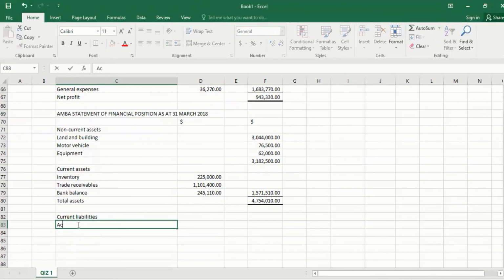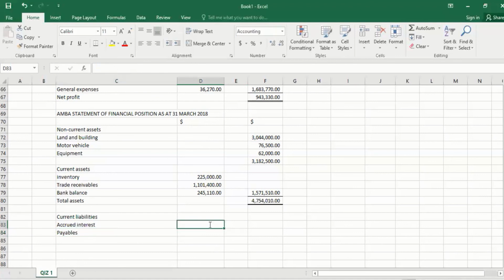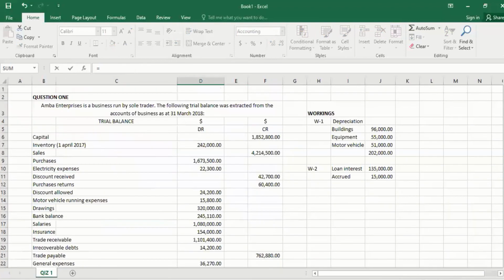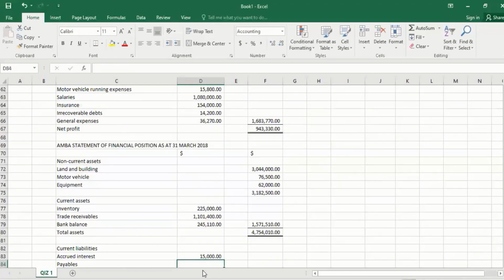So remember we had accrued interest. The other current liability we have is the payables. Payables are the creditors of the business. So I would copy and paste, it's easier that way. Accrued interest was that one.